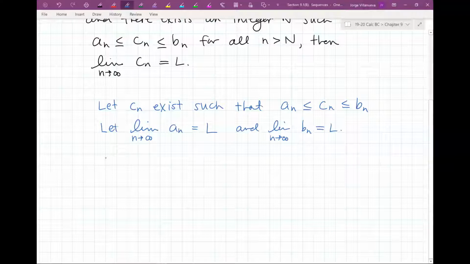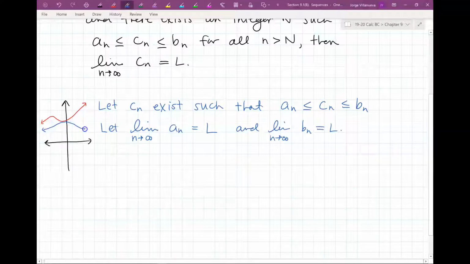Okay? If you're kind of saying like, what the heck does that mean? Here's a little tiny picture of maybe what that could look like. Let's say that here are three functions, and they're going to meet up right there.